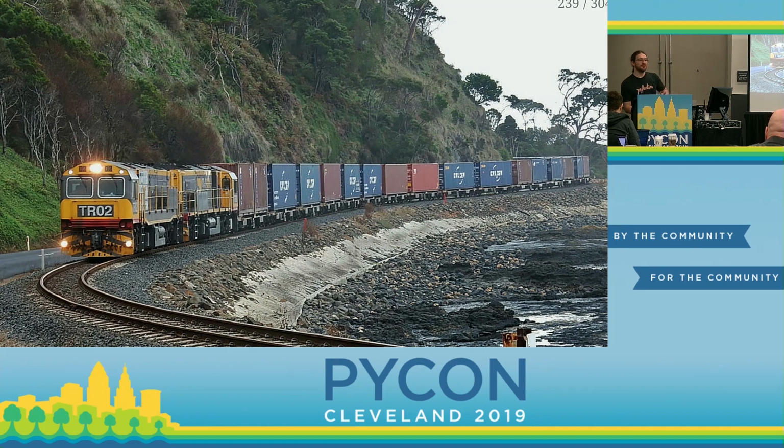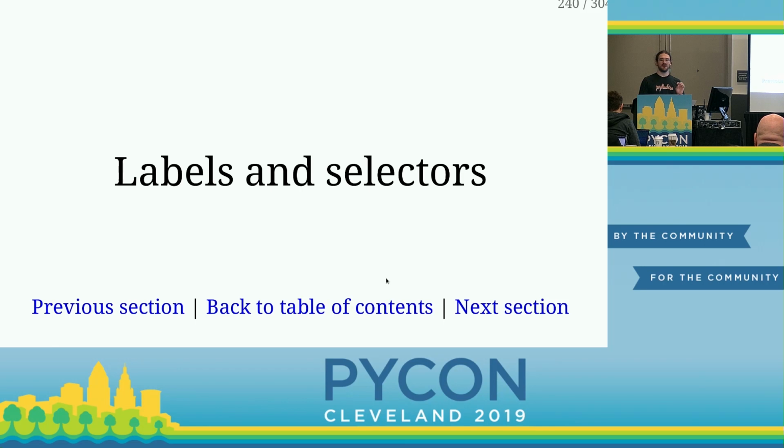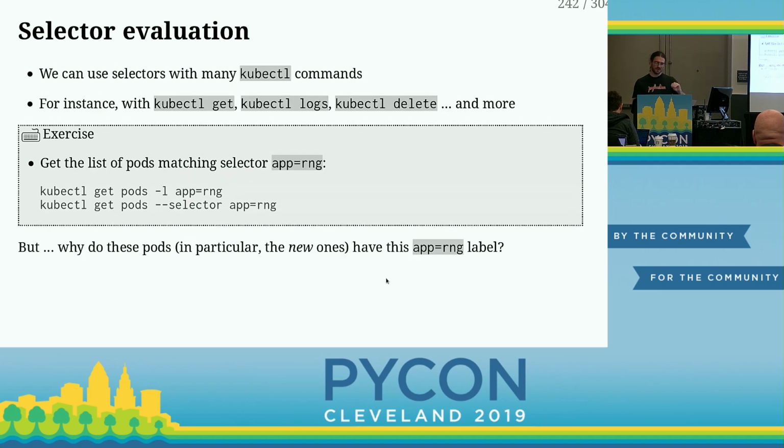Okay, so there are two more things that I would like to cover today, which are labels and selectors and rolling updates. I'm going to be mindful of time, so I'm going to take some shortcuts compared to what's in the slides. For labels and selectors, we started to touch that a little bit when I explained how it is possible that we are sending traffic to these pods of the daemon set.